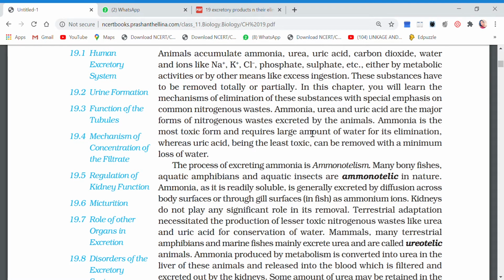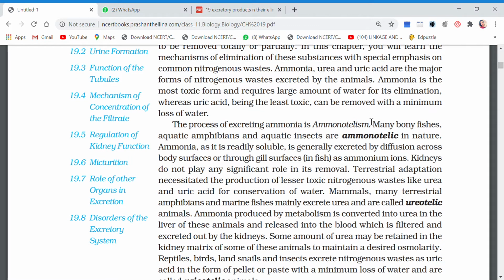Whereas uric acid requires the least amount of water because it is the least toxic, and urea is intermediate. That means it requires a normal amount of water, and hence these three categories are divided according to the kind of habitat in which the animal lives.